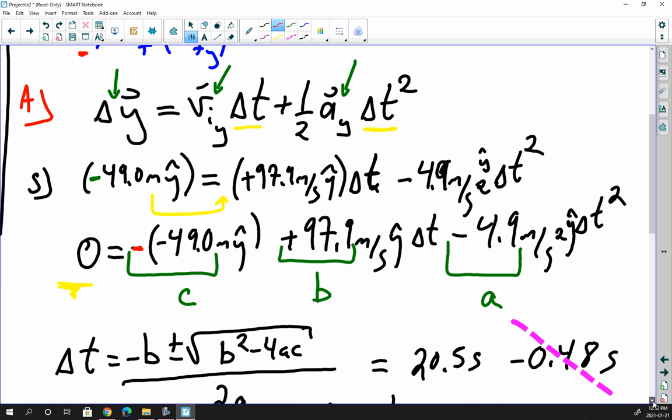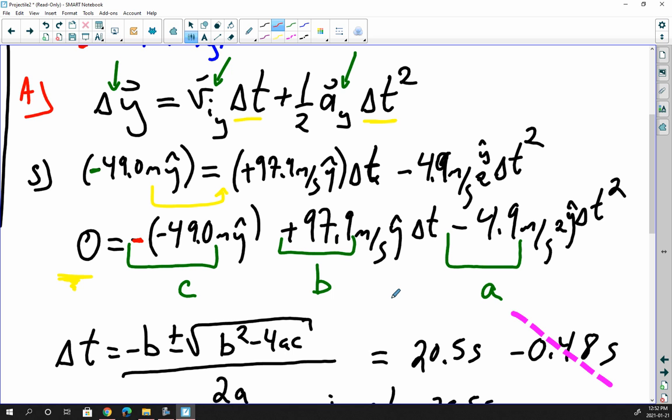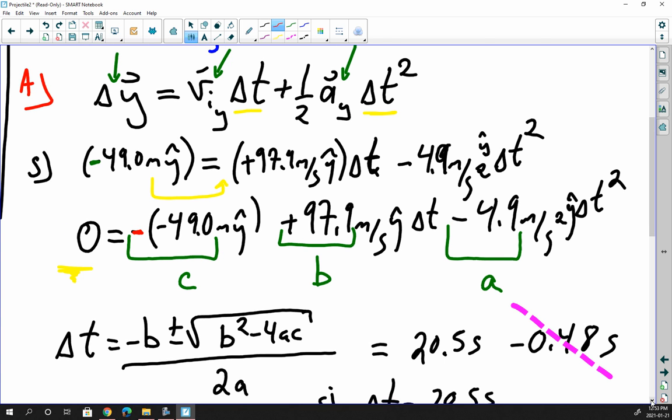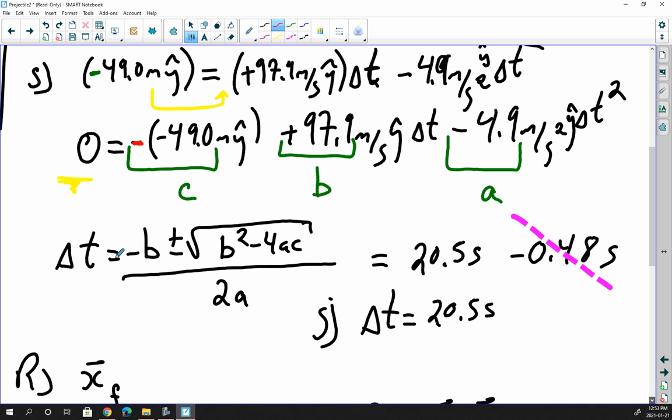I hope you've recognized that this is really a quadratic equation in which we can use the quadratic formula to solve for delta t. Here is the a term, negative 4.9. Here is the b term, positive 97.9. Here is the c term. It's positive, since a negative and a negative give us a positive. So you can plug that into the quadratic formula.